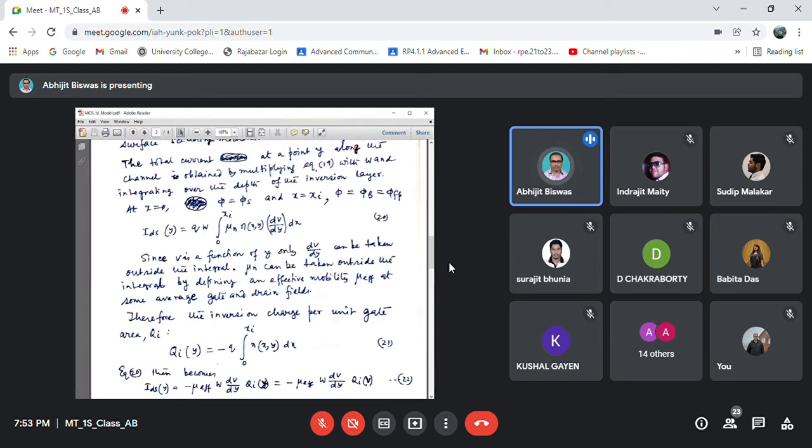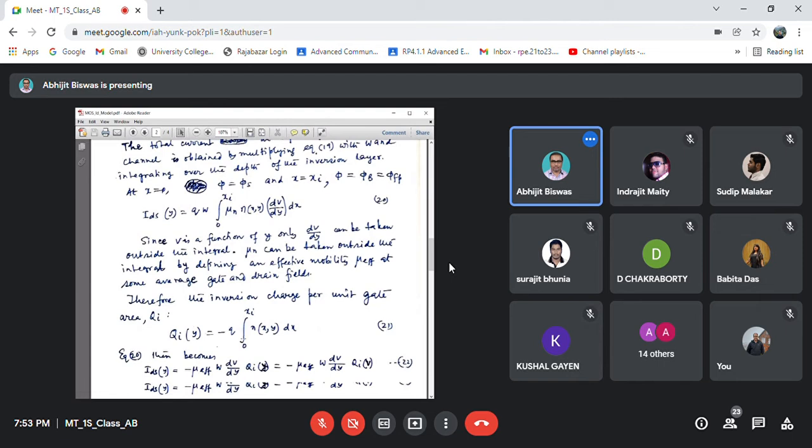Another important thing is that under this bias condition, you can replace the mobility of electrons with some effective mobility, mu effective, so that you can take this mu n out of the integration.